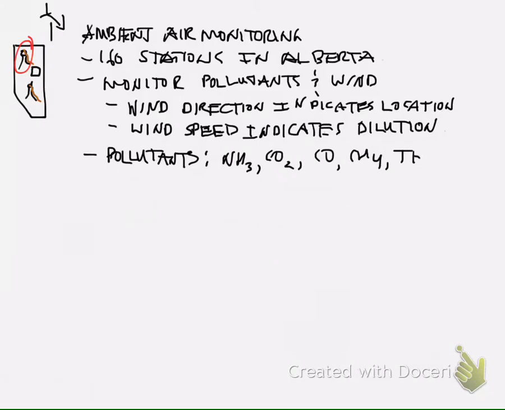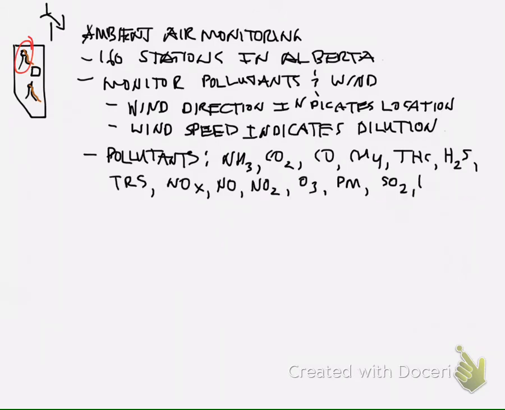There's a lot more pollutants that fall under the ambient air monitoring code. You can see we have ammonia here, carbon dioxide, carbon monoxide, methane, total hydrocarbon. That's going to be some of your gases like propane and stuff like that in the air.